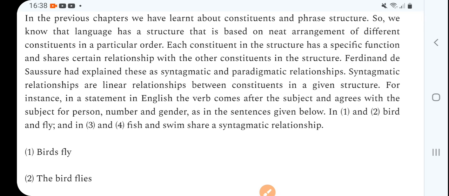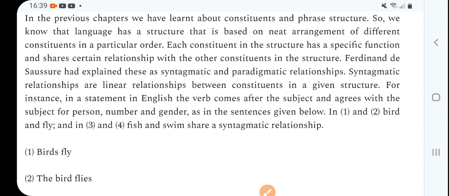Of course, the subject has a specific function, the noun has a specific function, the main verb, the helping verb, the adverb, the object.